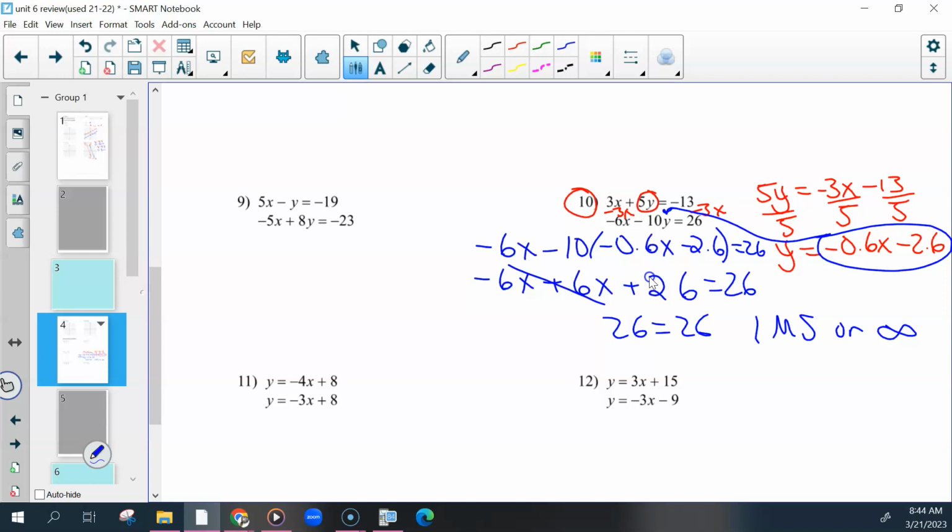Any others in the substitution piece? If not, any questions in the elimination section?